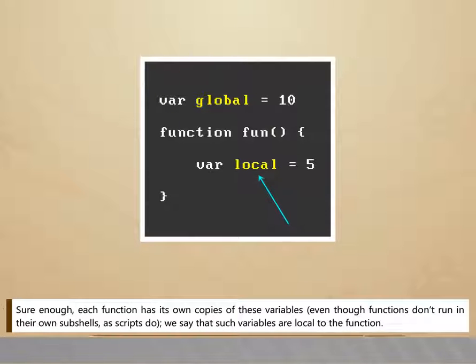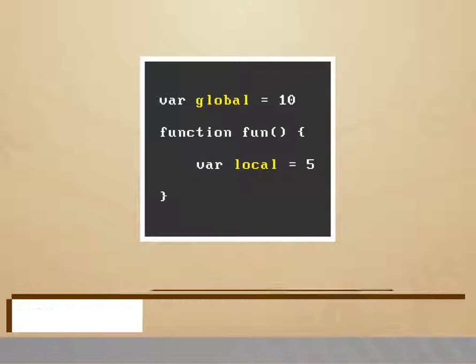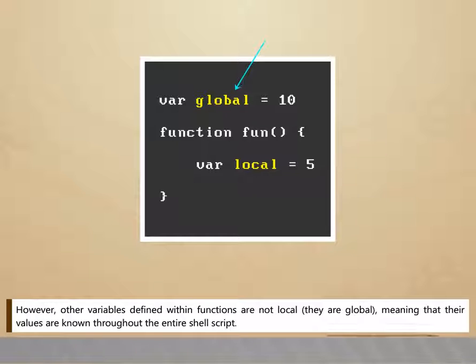That is, even though functions don't run in their own subshells as scripts do, we say that such variables are local to the function. However, other variables defined within functions are not local, they are global, meaning that their values are known throughout the entire shell script.